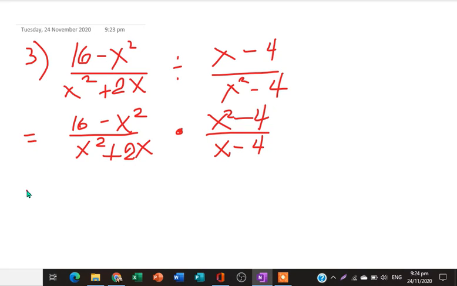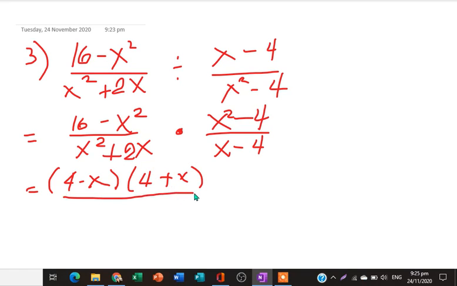Okay? And then, after writing it in the multiplication expression, we are going to factor. Okay? So we have here 16 minus x squared. The factor is 4 minus x, this is difference of two squares, 4 plus x over. So you're going to use common factoring.